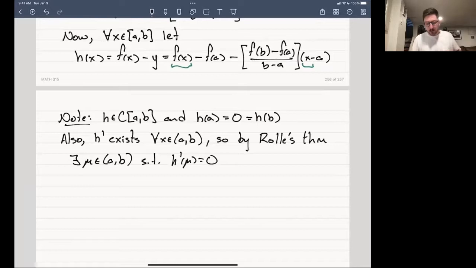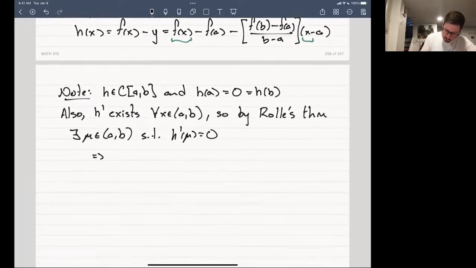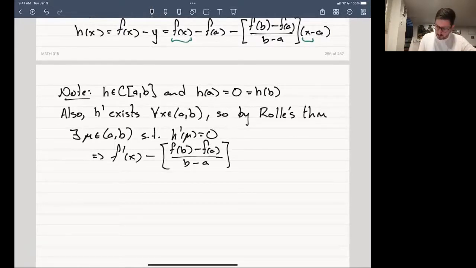Now we know the derivative is equal to 0. Let's actually take the derivative here. This implies that the derivative of h is f prime of x minus f of b minus f of a divided by b minus a. That's the derivative of the line, that's just the slope.